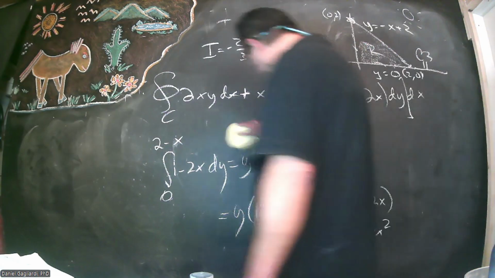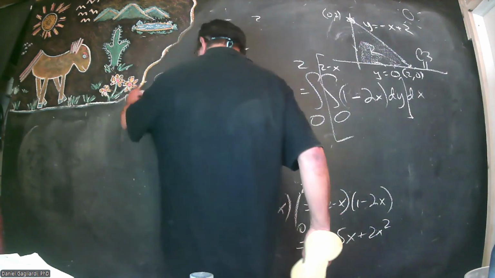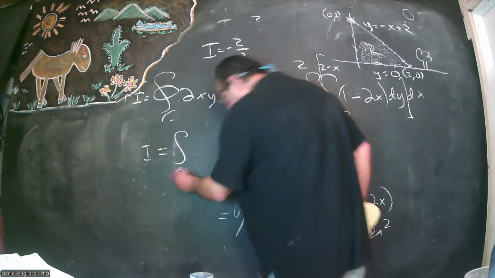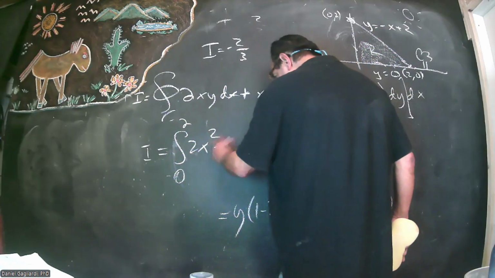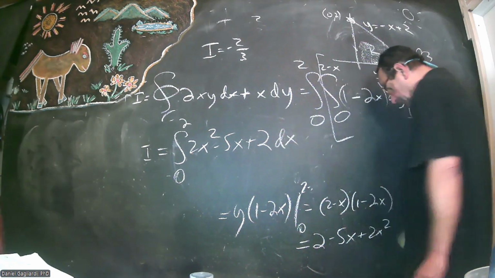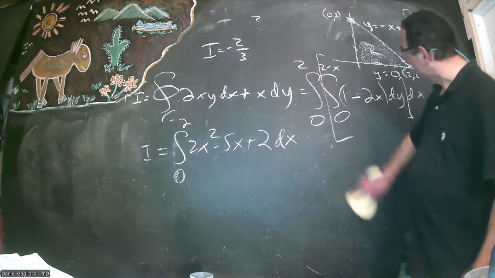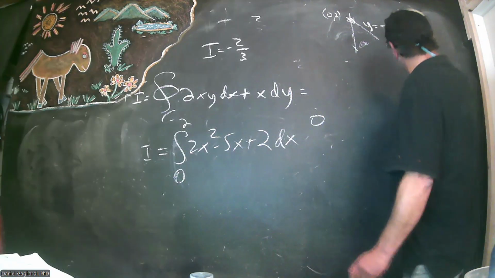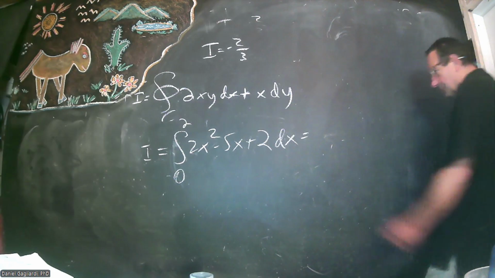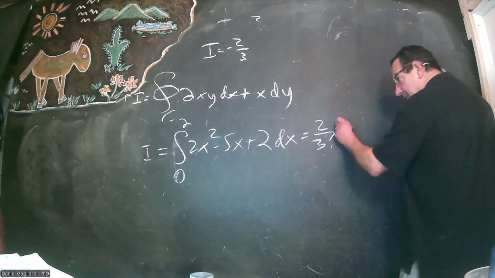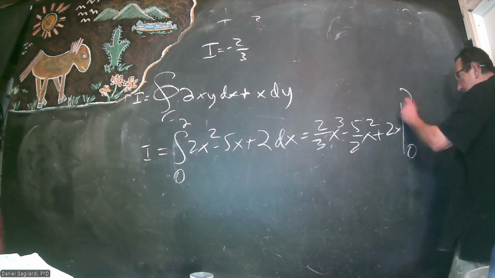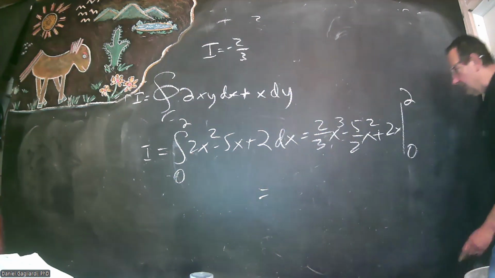Fantastic. All right, so let's pop back up here. So here's the integral, and now we just have the integral from 0 to 2 of 2x squared minus 5x plus 2 dx. So let's see what happens now. I'm going to erase this, we don't need this anymore. If we get negative 2/3, we're having a good day. So 2/3 x cubed minus 5/2 x squared plus 2x from 0 to 2.